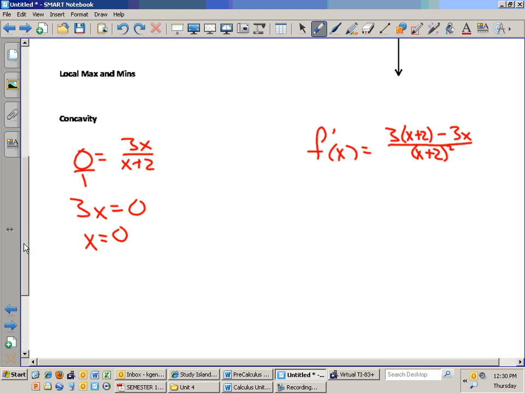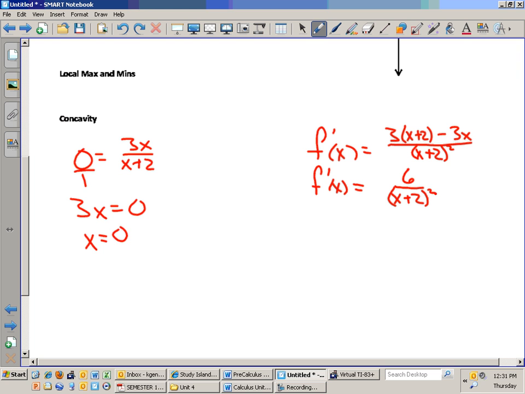Beautiful. And so I end up with f prime of x is equal to, this is interesting. Very interesting. What are my critical points? Can this ever be equal to 0?